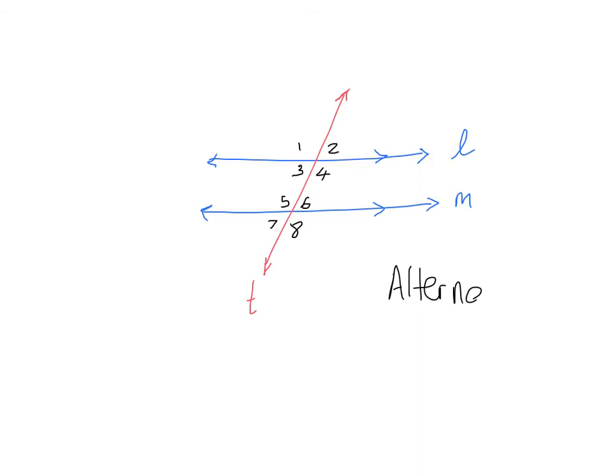Alternate exterior angles: 1 is congruent to 8. And we have another pair. We have 2 here, and on the other side of the transversal and non-adjacent, all the way down here 7. So 2 is congruent to 7 because they are alternate exterior angles.